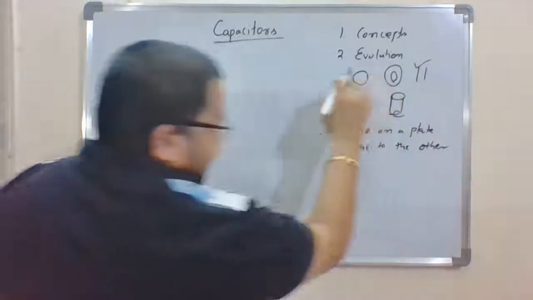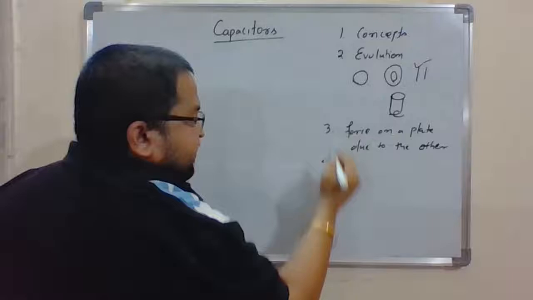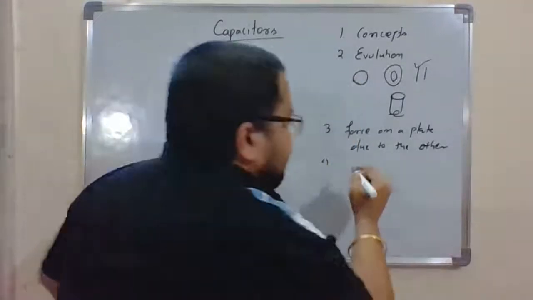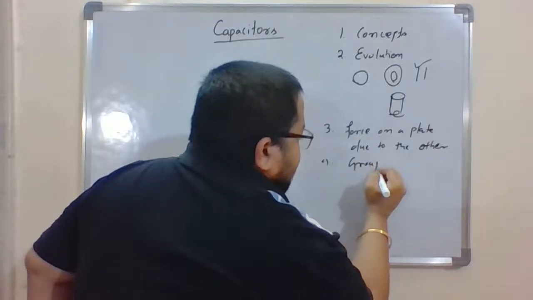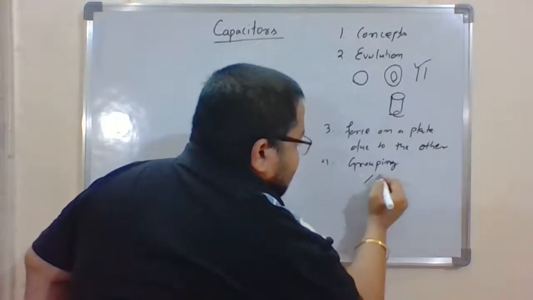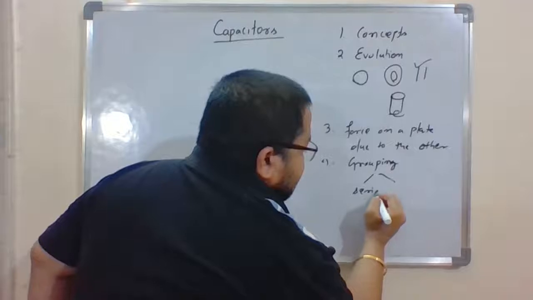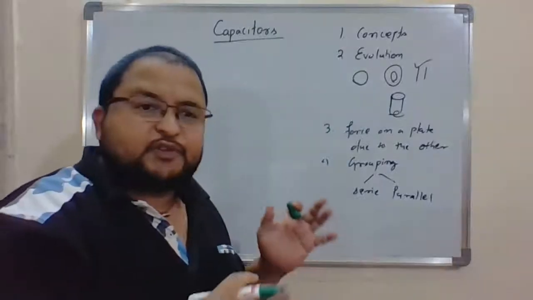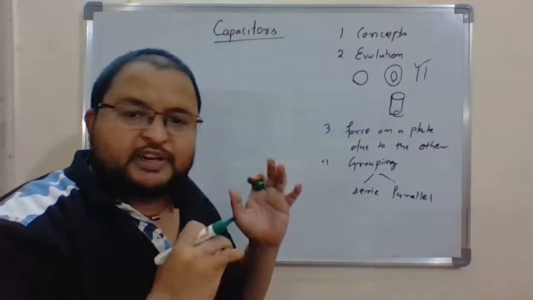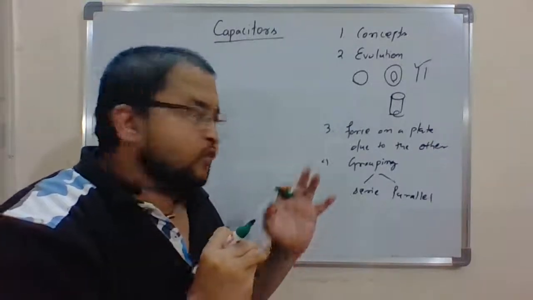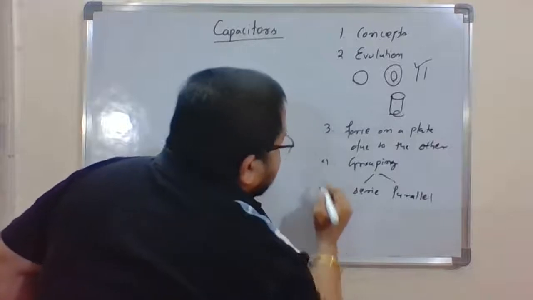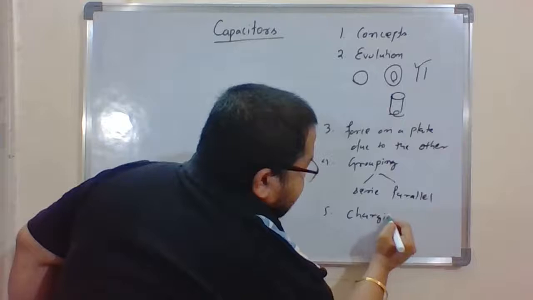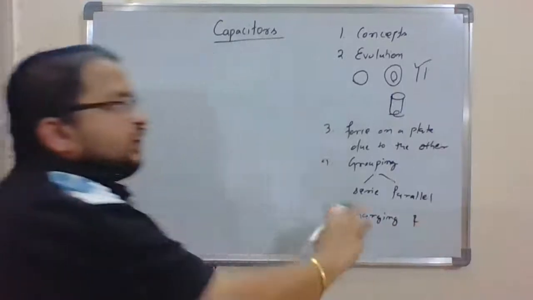And then after we are done with one single capacitor, we would see grouping of capacitors, and in grouping of capacitors, we would see the series and parallel grouping, just like we saw in resistances. We would see different geometries of electric circuits, and how we resolve them. And we will end this chapter by discussing charging and discharging of capacitors.